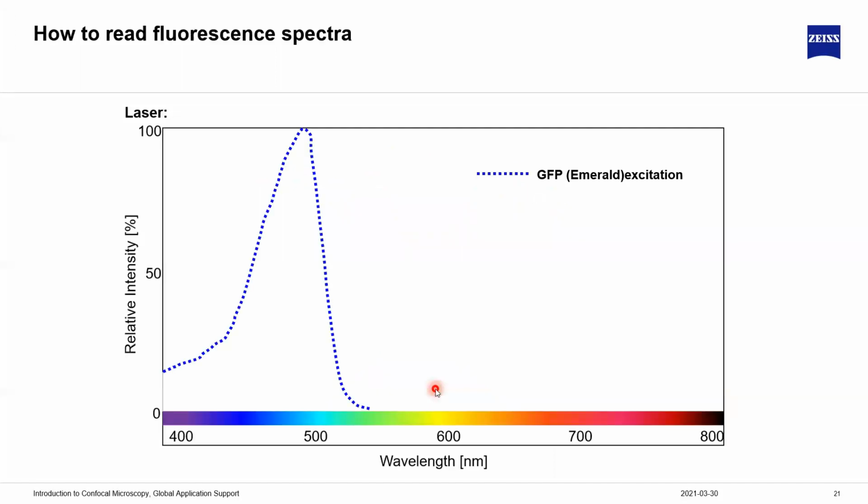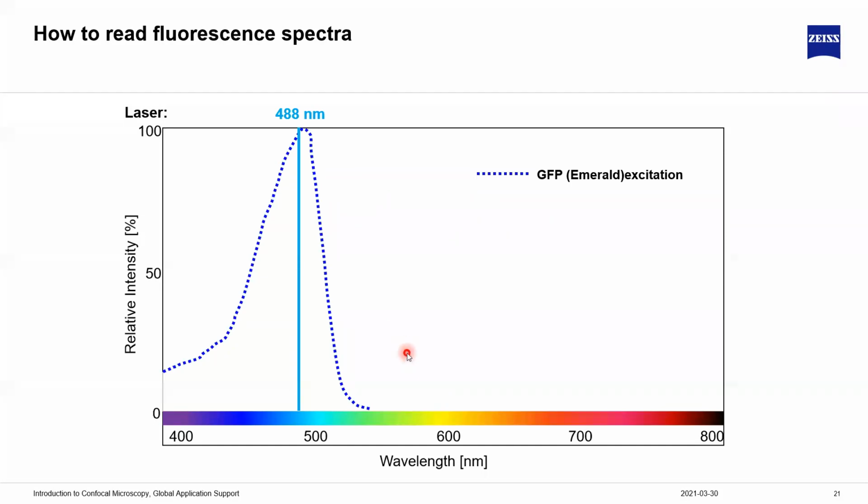What is also very important to mention, and I like to mention it every time I give these kinds of talks, is how to read the fluorescence spectra. So you have your fluorophore or your fluorescent protein, and you go to some spectra viewer and look at the excitation and emission spectra of your label. But what does it actually mean for your daily life?